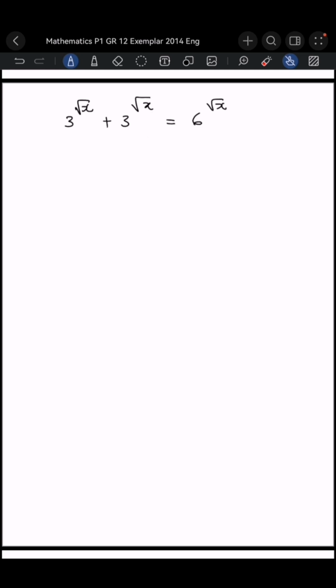Alright, we have 3 raised to the power of square root of x plus another 3 raised to the power of square root of x, and then is equal to 6 raised to the power of square root of x. What we have is 2 times 3 raised to the power of square root of x is equal to 6 raised to the square root of x.